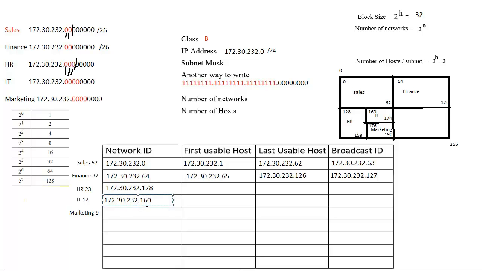Now, what is the broadcast ID for this network? The broadcast ID for this network will be just before the next network, so the broadcast ID for this network is 159.